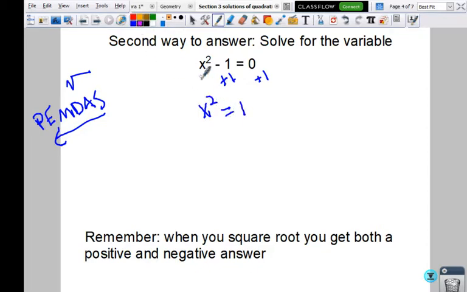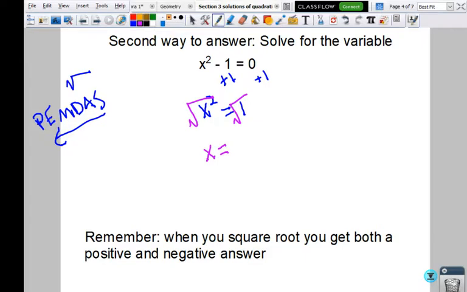And then we're going to do what Beto said, and we are going to square root, which kind of looks like a weird divide sign. We can plug that straight into Desmos. So we're going to get x equals, and I'll show you Desmos real quick. We're going to do square root of 1. Square root looks like a little check mark, down here by the pi and the ABC button.